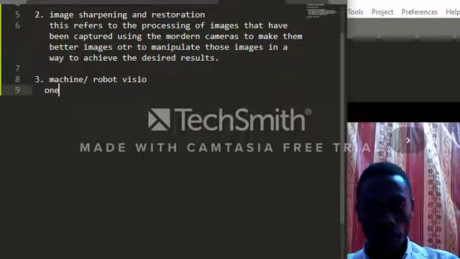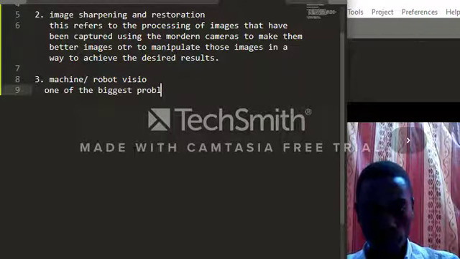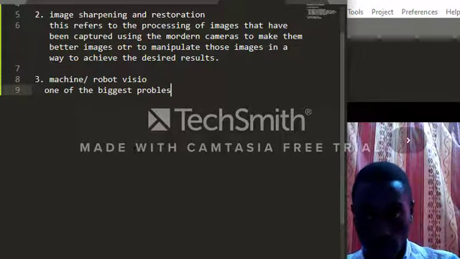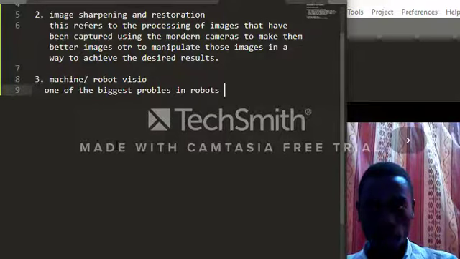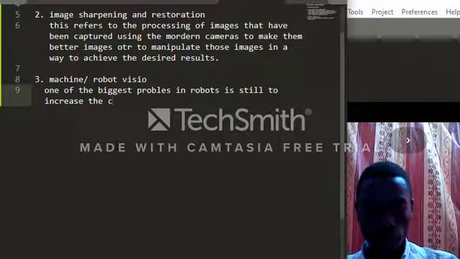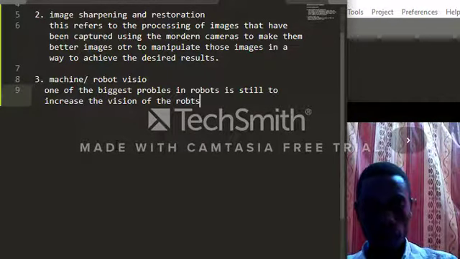One of the biggest problems or challenges in robots is still to increase the vision of these robots. So this is one of the biggest challenges.